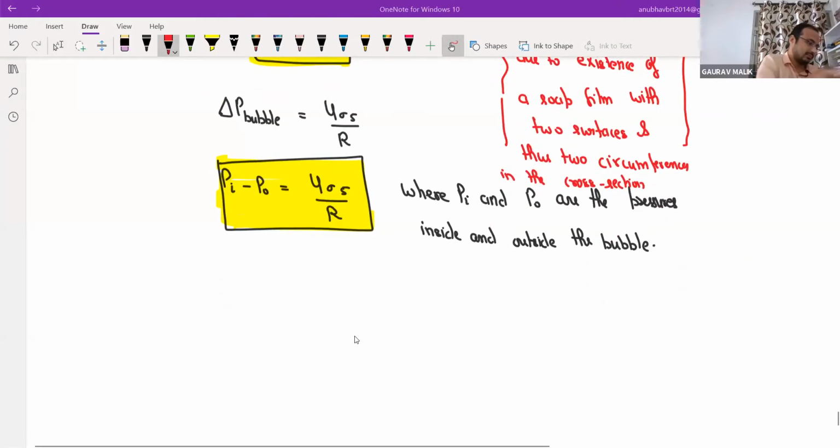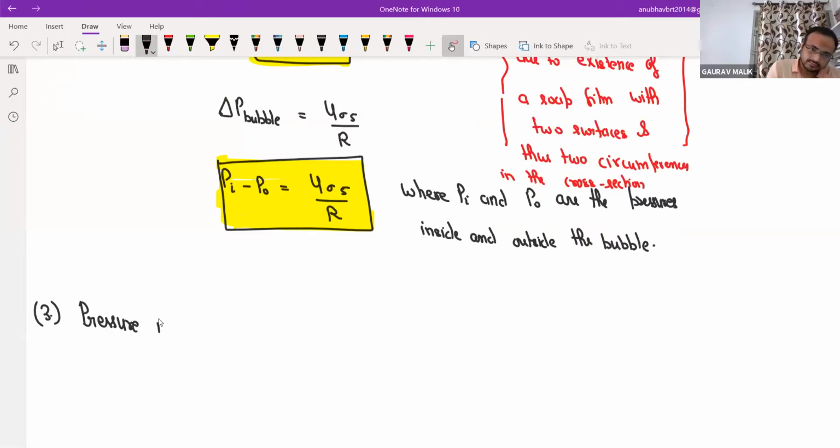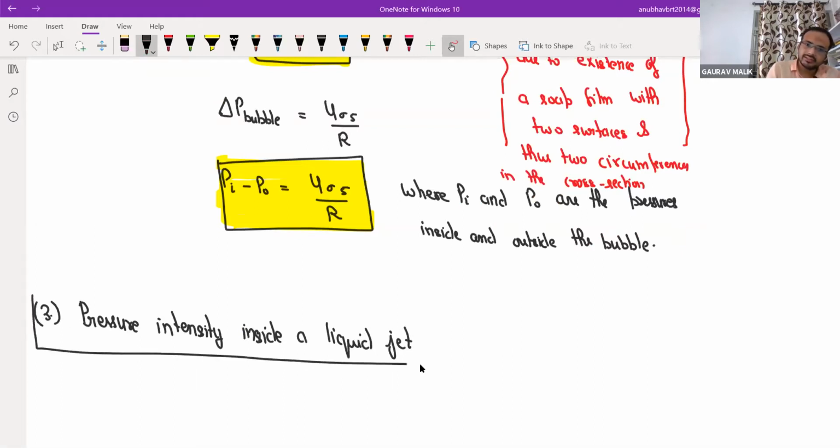Now last, case 3. That is the pressure intensity inside a liquid jet.